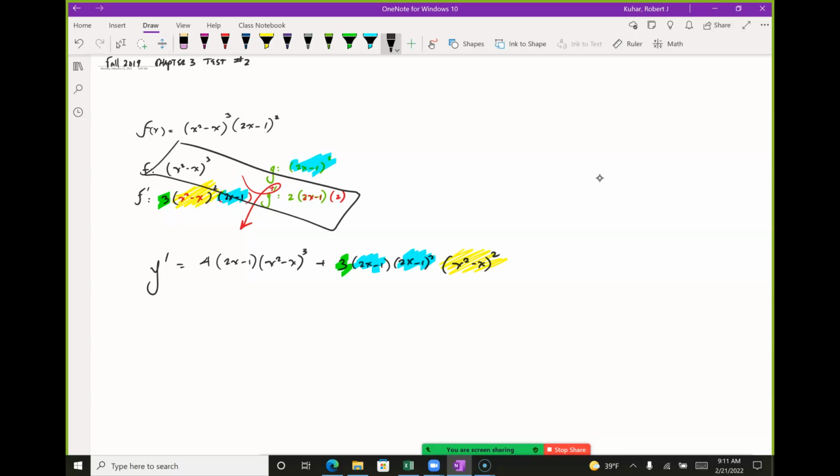So you can see from the first piece, I can certainly take out a 2x minus 1. Right? So the first factor I can take out is a 2x minus 1. The second factor I can take out is an x squared minus x quantity squared.